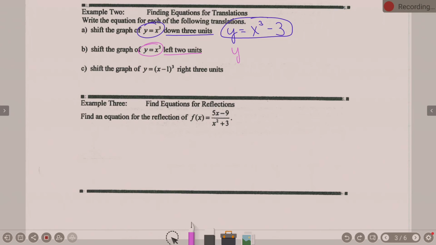So everyone's agreeing that there's a plus 2 here, yes? Left 2, plus 2. So y equals x plus 2, and then the cube has to go outside of the parentheses.